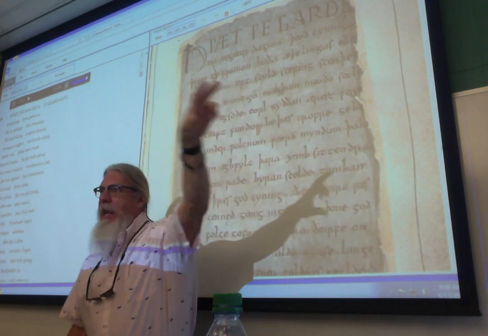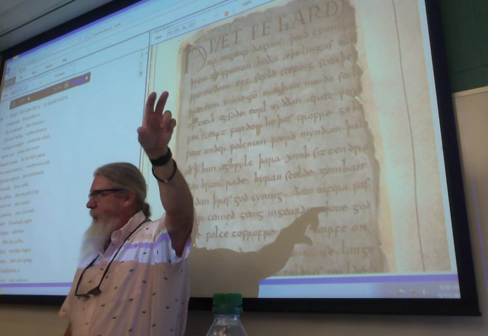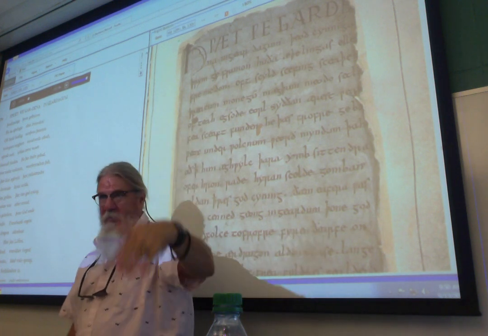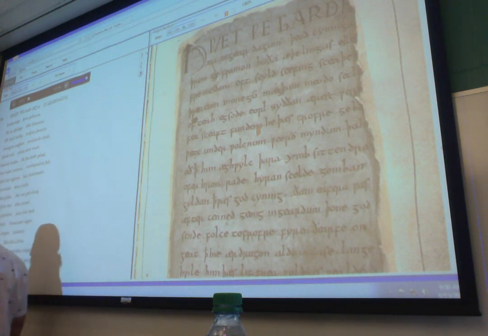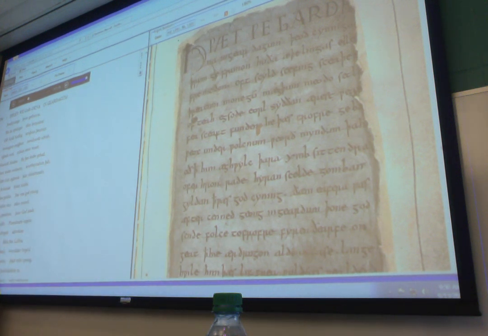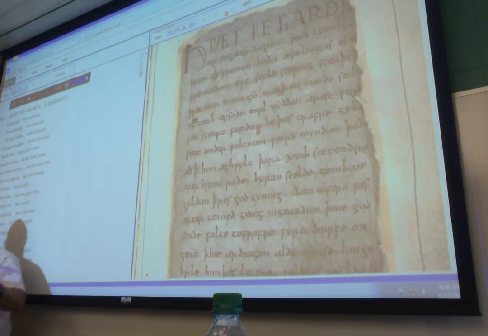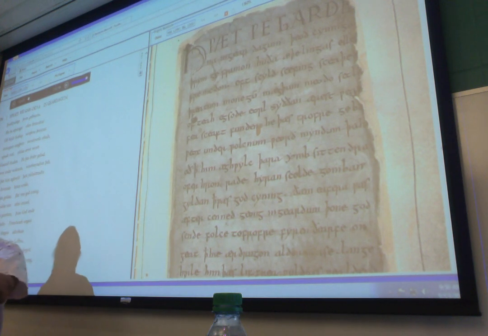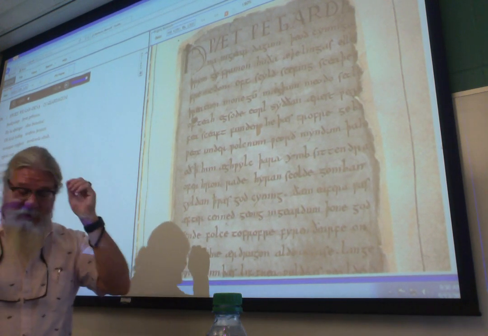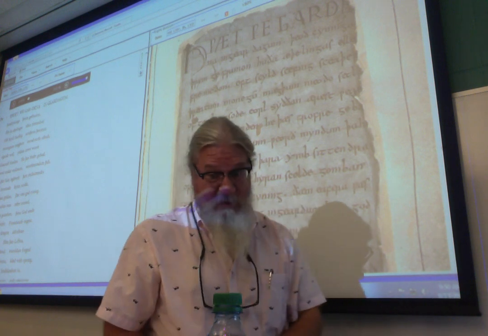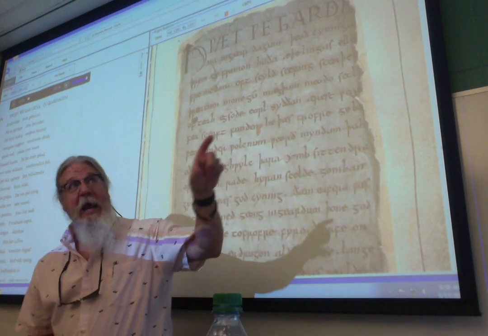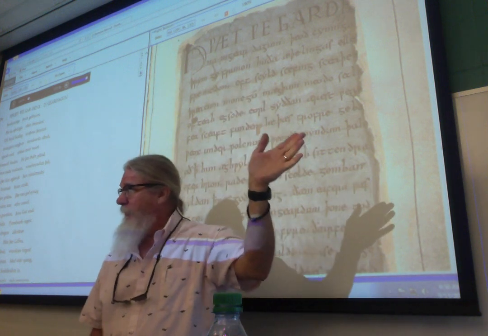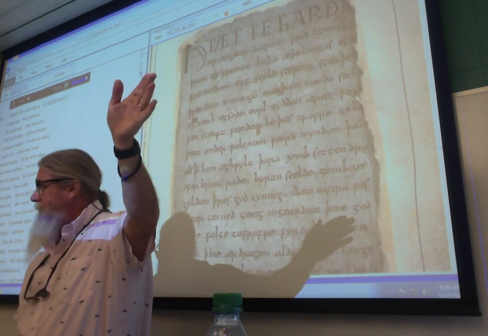First shelf was A, second shelf was B, C, D, E, however many shelves there were. Okay, so you could have Cotton Vitellius H, which would probably mean you're in the second case, if you had 2 busts of Vitellius, if you had that much stuff. But it's Cotton A15: A, top shelf, 15th item in from the left.